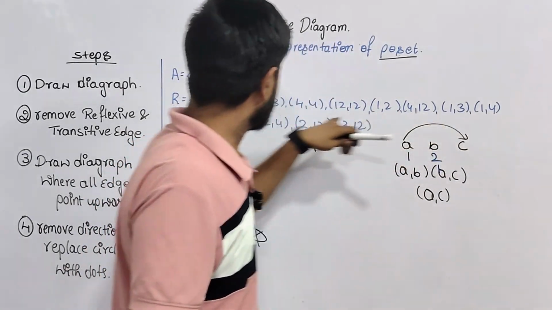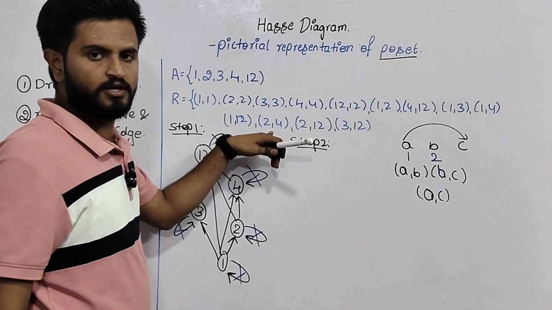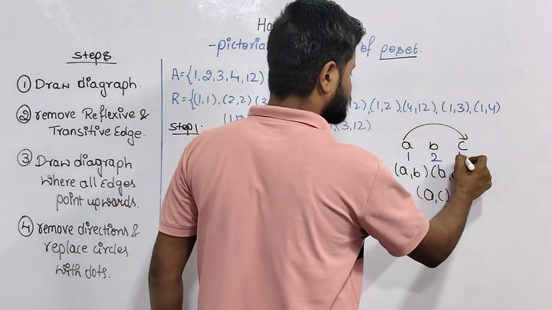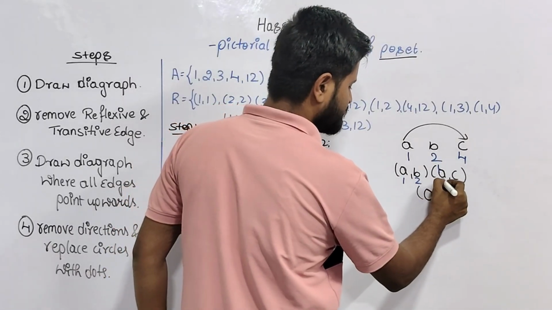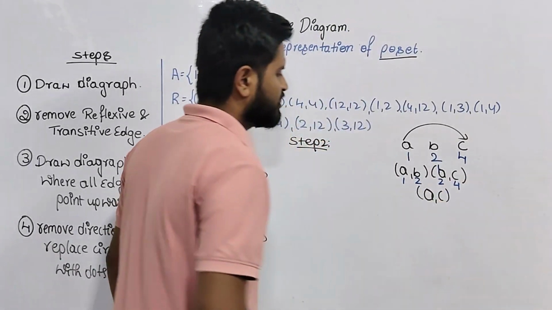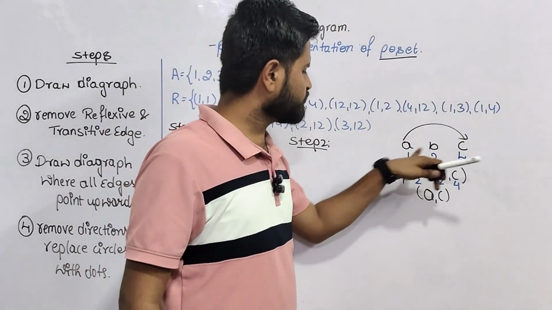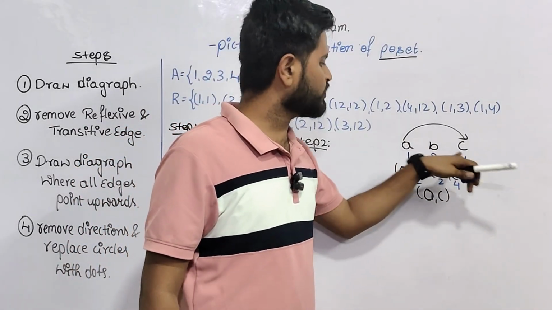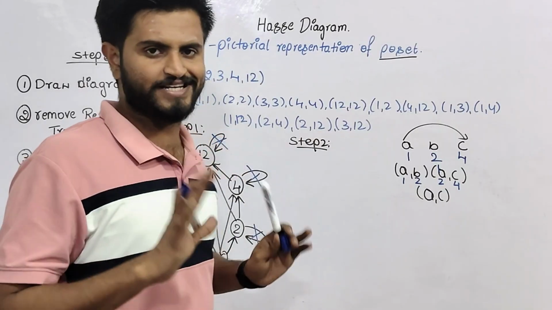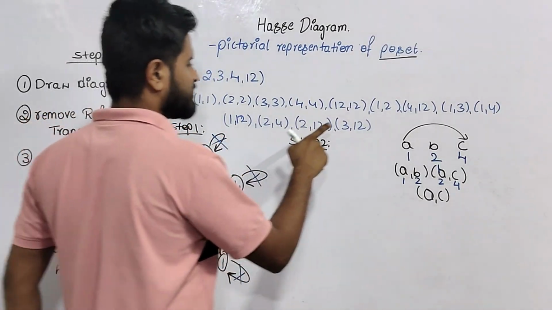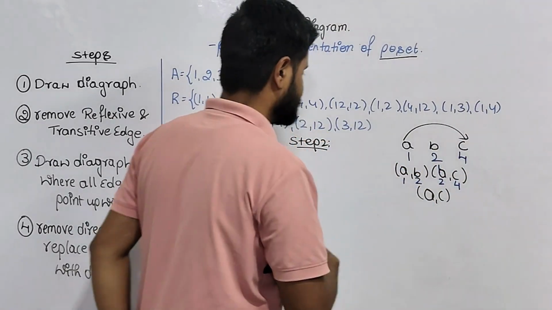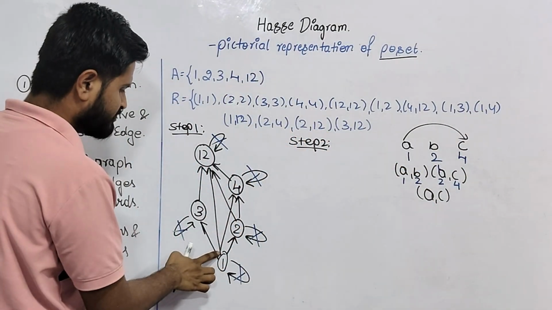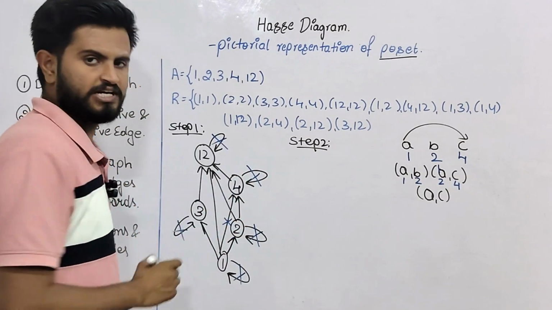Is there a relation starting from 2? Yes, here, 2 comma 4. So C value will be 4. A is 1, B is 2, C is 4. Now, if there is an edge from 1 to 4, then you can call it a transitive edge. So check whether 1 comma 4 is present. Yes, 1 comma 4 is here. So there is a transitive edge, and I must remove that edge from 1 to 4.